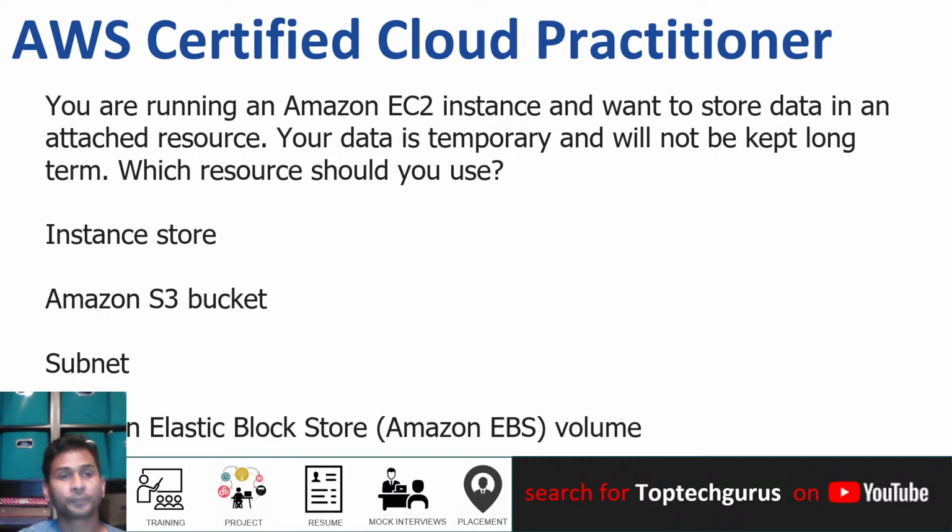It has to be within an availability zone. So that's a subnet. It has nothing to do with storage or data. So it can't be that as well. It has to be either the instance store, which is the first option, or the fourth option, which is Amazon Elastic Block Storage. But we should look back at the question to understand the clues which let us know whether it's going to be the Elastic Block Store or the instance store.